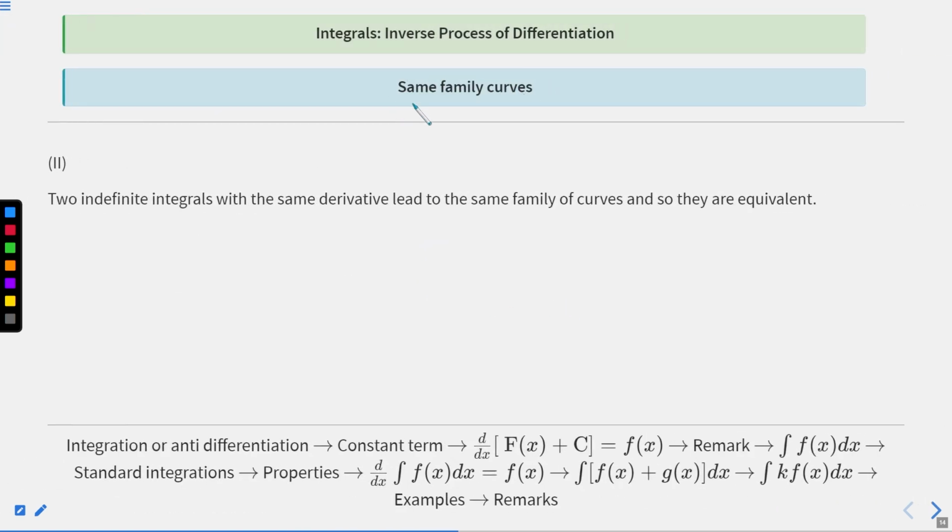Now, same family of curves means two indefinite integrals with the same derivative lead to the same family of curves, and so they are equivalent. In this sense they are equivalent.